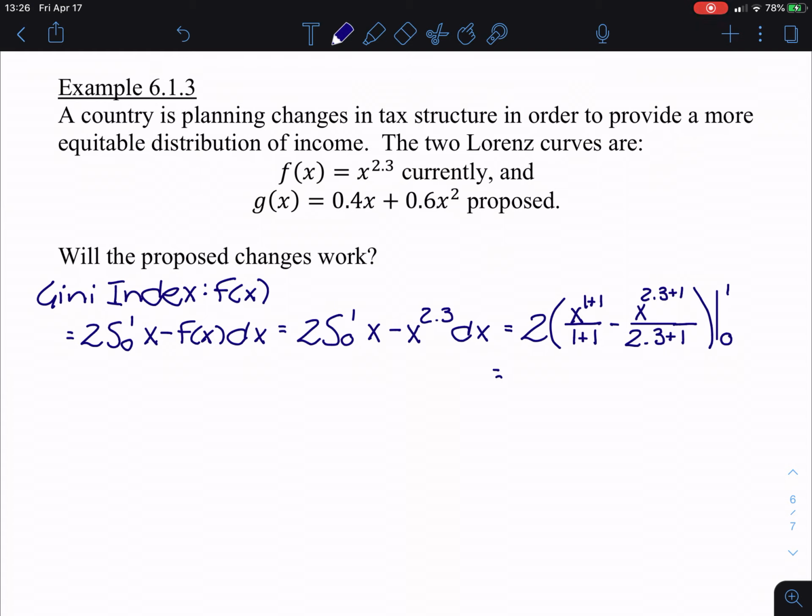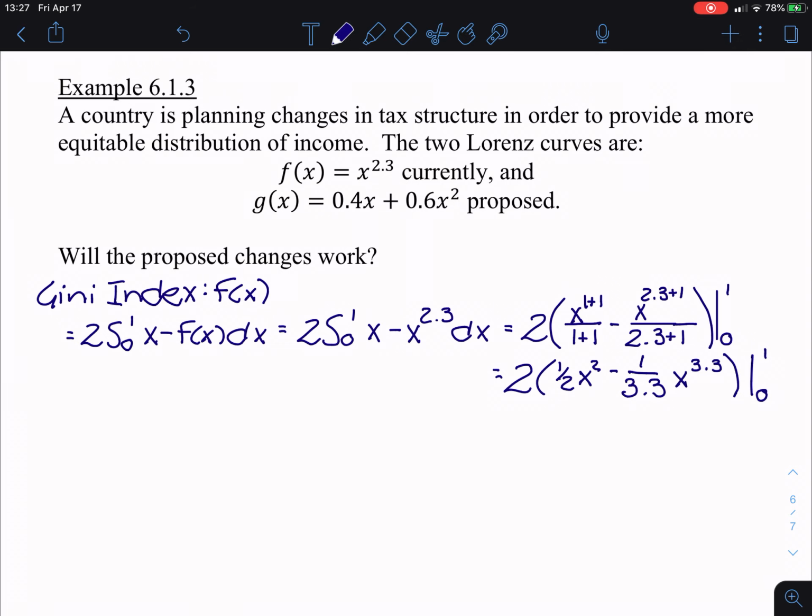So we're taking 2 times 1/2 x squared minus 1 over 3.3 times x to the 3.3, evaluated between 0 and 1.